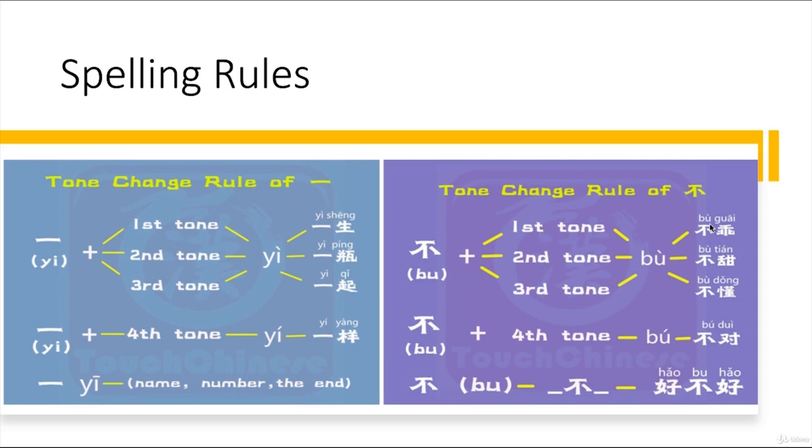So for example, 不乖, 不甜, 不懂. And when the second syllable is the fourth tone, 不 changes into the second tone: 不对, 不对. And when it's used in the middle of two same syllables, it will become the neutral tone. 好不好? 好不好?